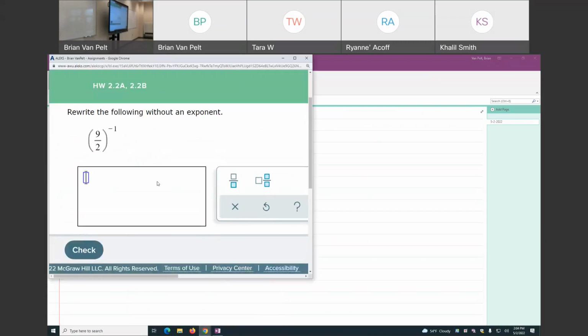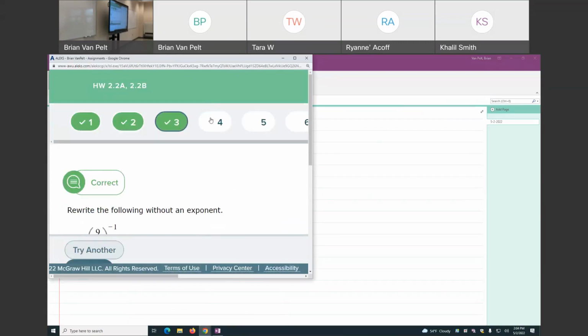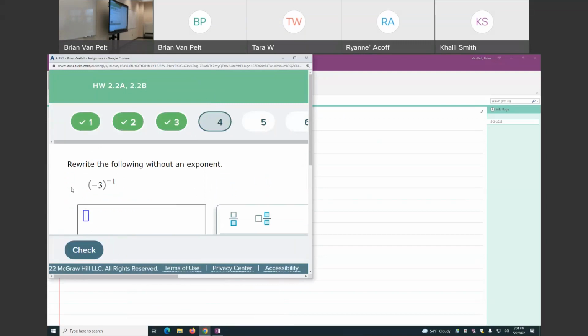Oh, we already did this one. What about this one? It's a little tricky. So negative -1/3 it is.